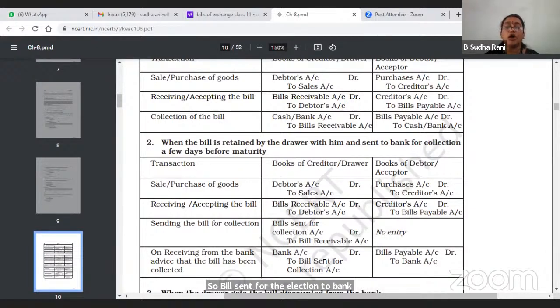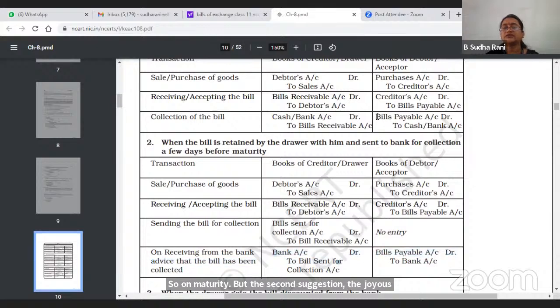So the bill is honored, the bill amount has been received. Then the banker will inform the drawer, yes, your bill amount has been received. Then he will write bank account debit to bill sent for collection account on maturity date in the drawer's book. So on maturity, for the second situation, the drawer's book entry will change.